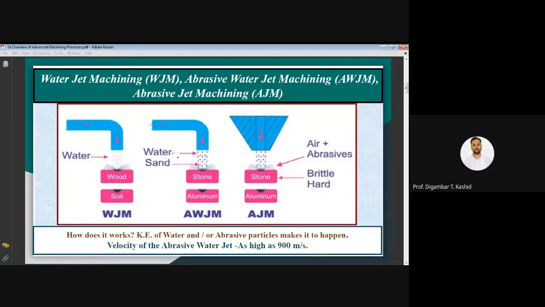For fiber we can use another process. In the second chapter we are going to see the application of each and every one. If you take the example of the first one, the water jet machine, there we are using only water.